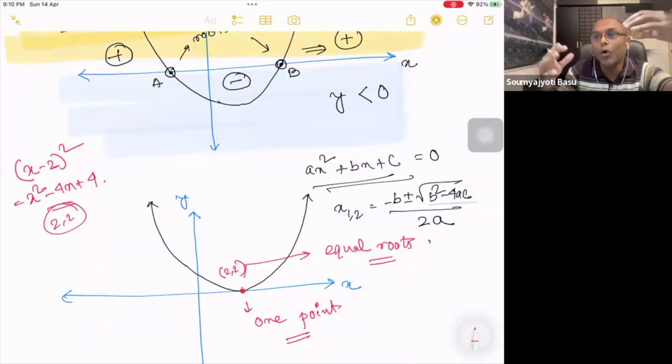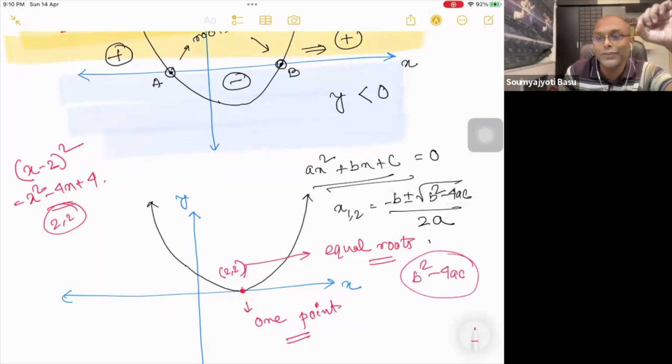Some of you might have already started thinking in the line of discriminant or this term b square minus 4ac, right? What is the significance of it? I would get back soon. Whoever has already started thinking in the line of b square minus 4ac, you are absolutely correct. I will discuss b square minus 4ac after discussing another case.